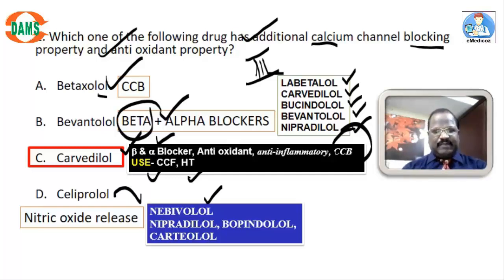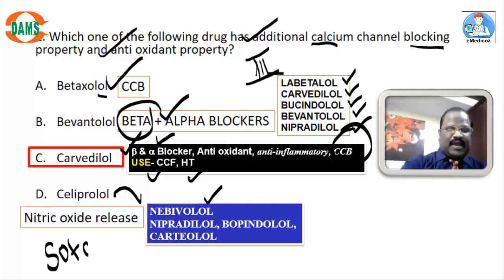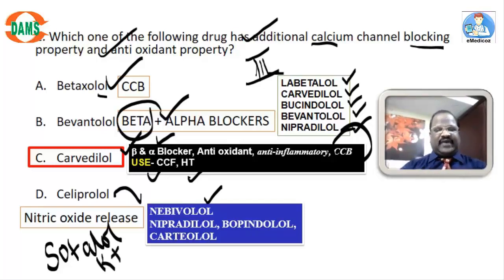All these are beta blockers additionally having nitric oxide releasing property. In this MCQ, one extra point you should know: there is a drug called sotalol. Sotalol is a beta blocker additionally having potassium channel blocking property. Whereas we have one drug called tilisolol.